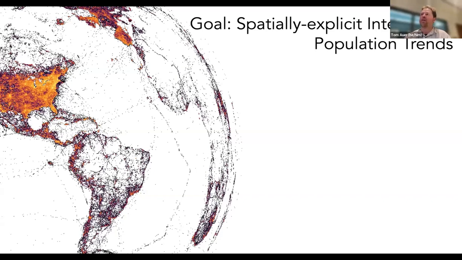So our goal with this is slightly different than with the status products. With this, we also want to be spatially explicit, so we want to capture spatial variation, but we want to understand trends in population over time. And there are basically two key challenges that we want to address in this situation.